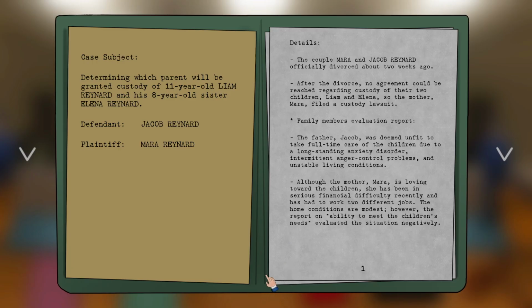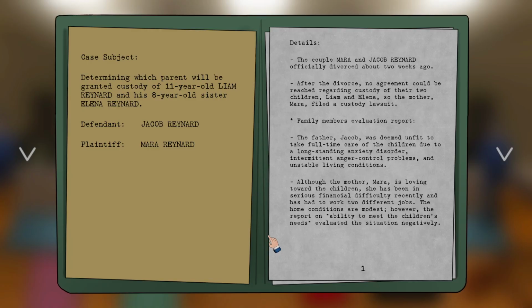The couple Maria and Jacob officially divorced about 2 weeks ago. After the divorce, no agreement could be reached regarding custody of their 2 children, Liam and Elena. So the mother, Maria, filed a custody lawsuit.